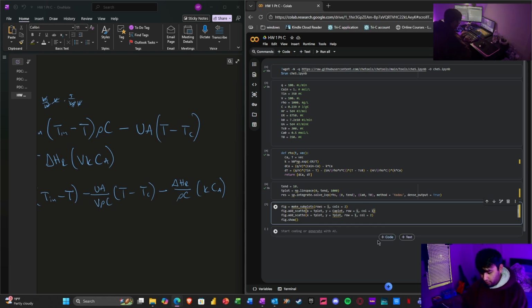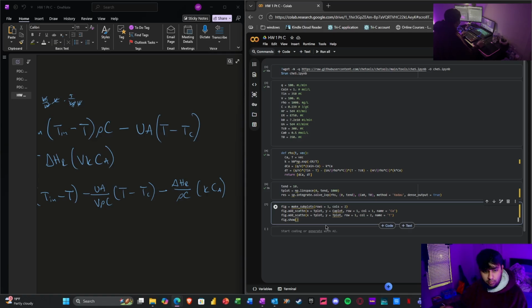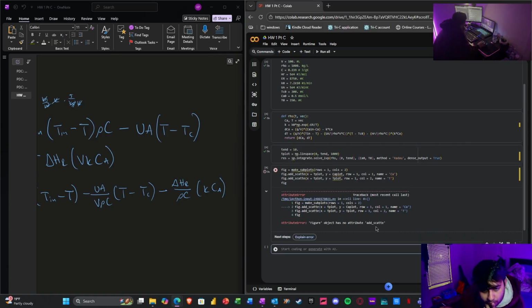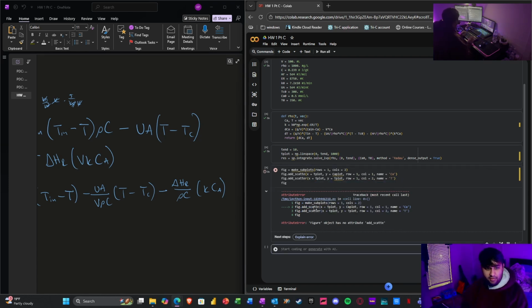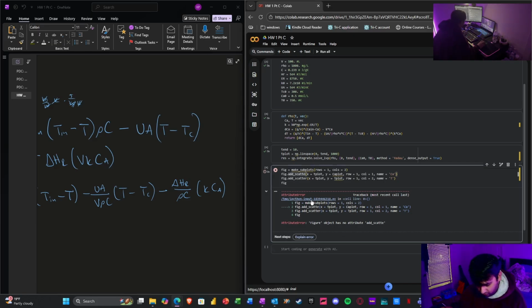We also need to put in name, which is CA, and then the other which is T. I think that about sums it.